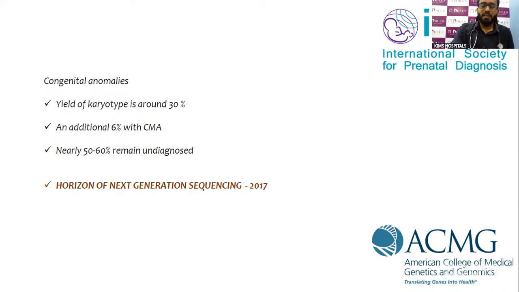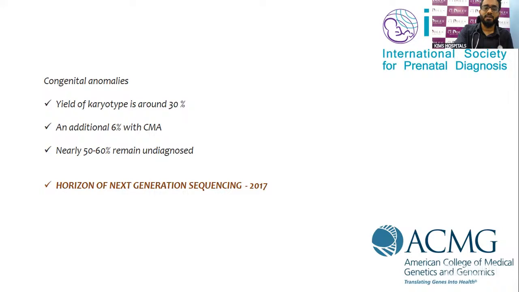In the context of congenital anomalies, the yield of karyotype is around 30% because chromosomal structural disorders are commoner, with an additional 6% yield from chromosomal microarray. So if you do a karyotype and CMA, the yield is going to be 36%. And even after this, 50 to 60% of them remain undiagnosed.